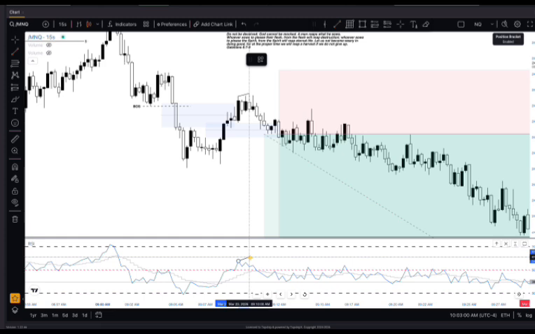Again, this is the equilibrium of that broken PD array, premium or discount array, which is the fair value gap, and this equilibrium was tapped into, and I think that was a buy. Yeah, that was a buy, and I took a profit of 1,500 at this consolidation high.